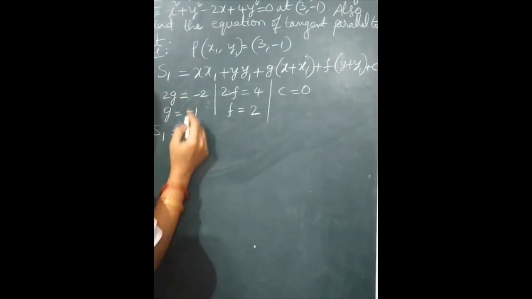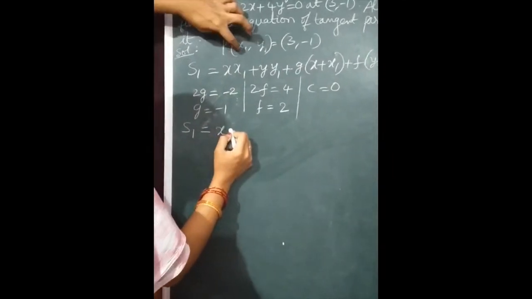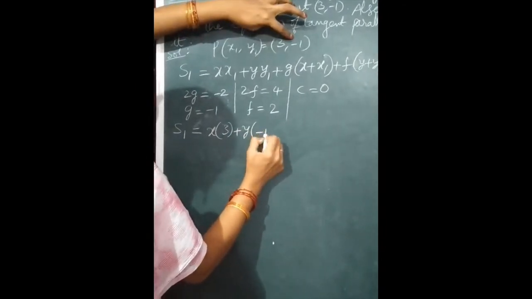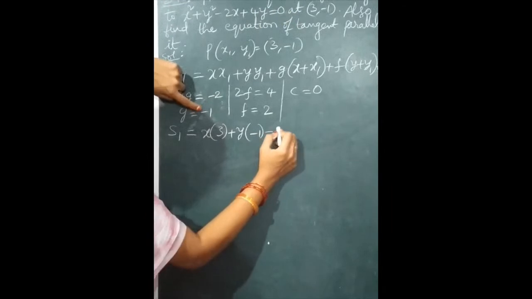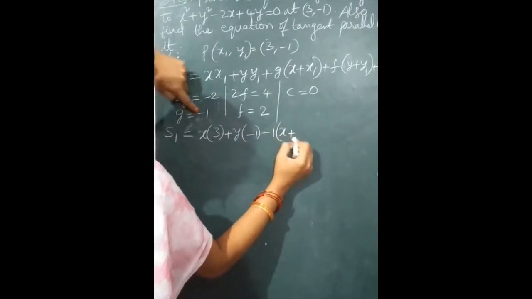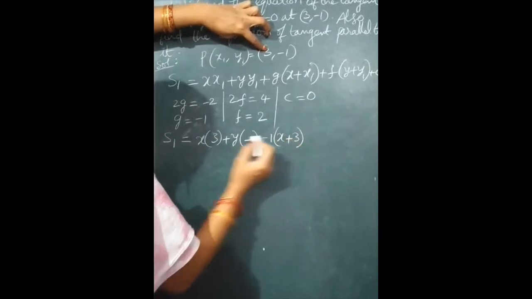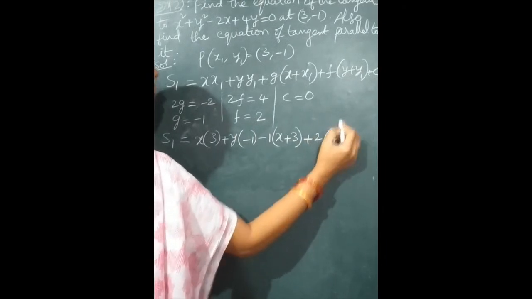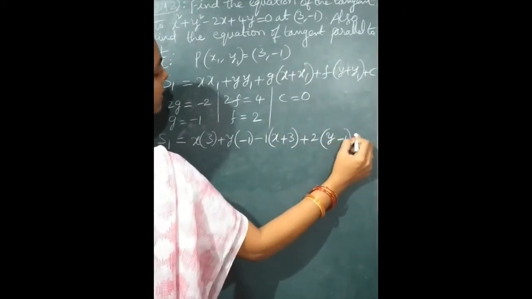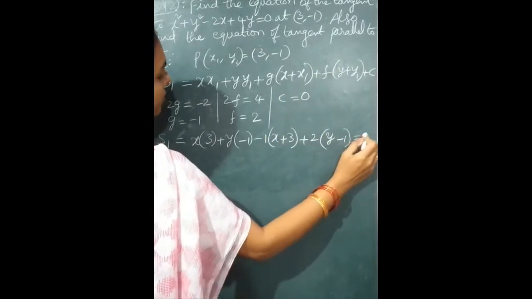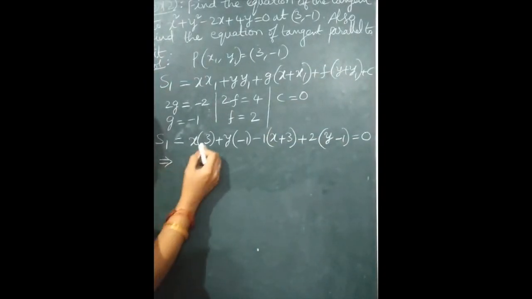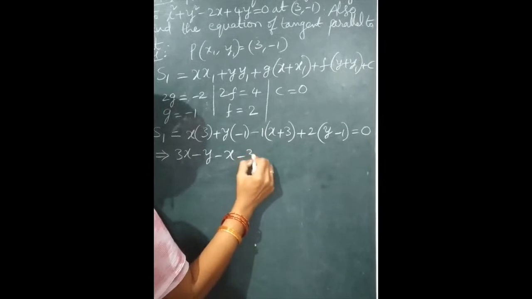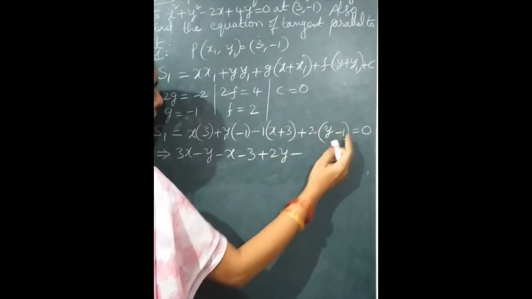Finally S1 equal to x into x1, which is 3, plus y into y1, which is minus 1, plus g into x plus x1, so minus 1 into x plus 3, plus 2 into y minus 1, plus c equal to 0. This implies 3x minus y minus x minus 3 plus 2y minus 2 is equal to 0.